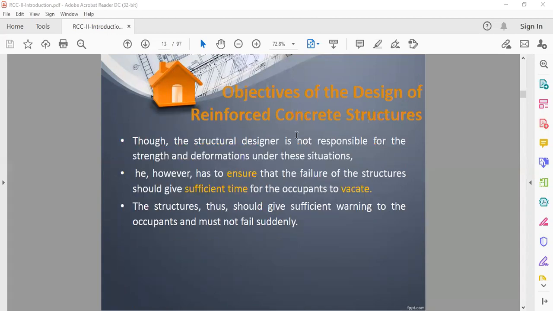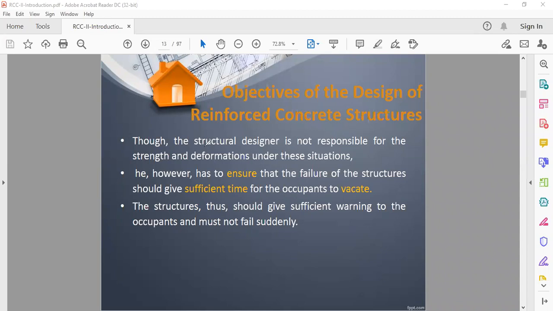So the structural designer is not responsible for the strength and deformation under such situations where the loading is above the design load.